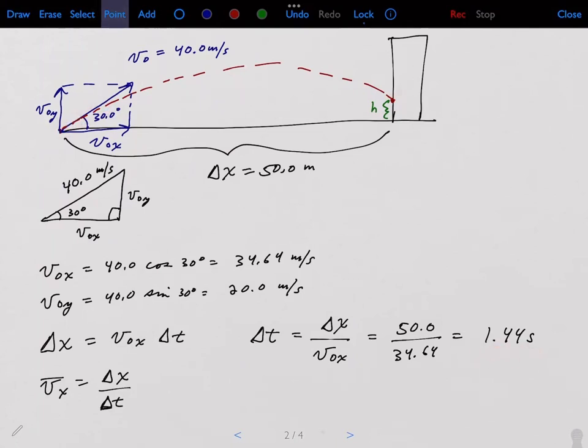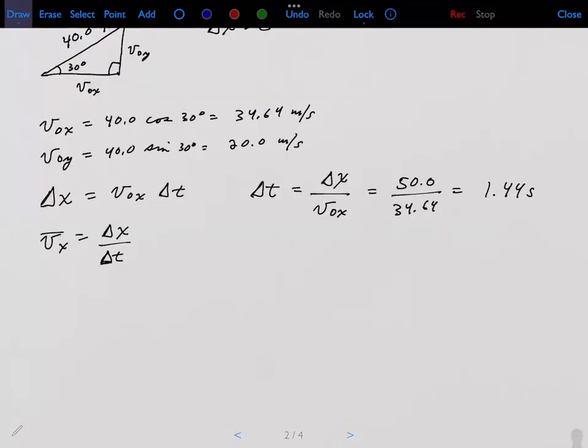Now to figure out the height that it hits above the building, what I want to find is delta y. Delta y is the height at 1.44 seconds. I want to find the change in that height at that time. If I use this equation, delta y is v naught y delta t minus 1/2 g delta t squared, because it's free fall in the vertical direction. Then I can just plug in.